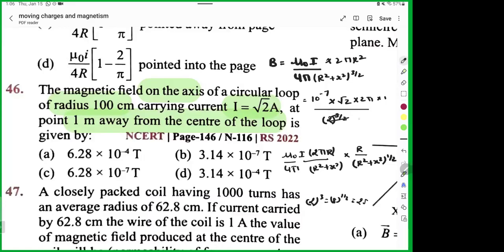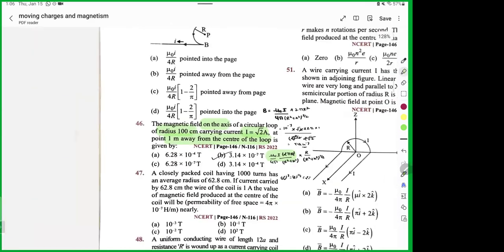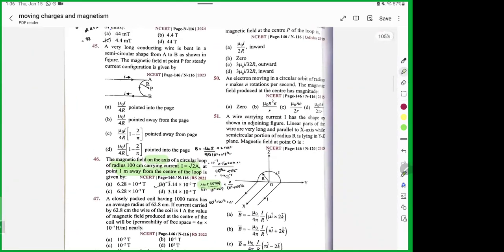Correct? So 2 root 2 cancel. It will be pi into 10 raised to power minus 7. Tell me guys, was it difficult or a direct formula based question? Mu naught upon 4 pi I, 2 pi r, and r and x value is 1, 1, so it's easy if the 1, 1 value is given. Correct. So many questions will be like this.